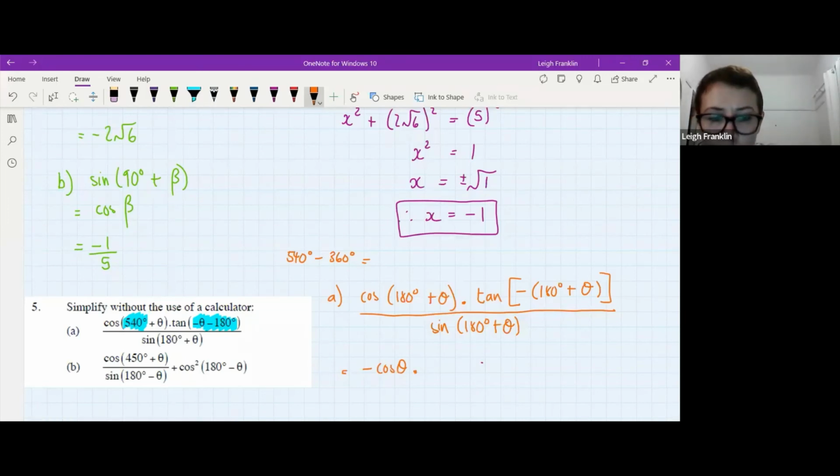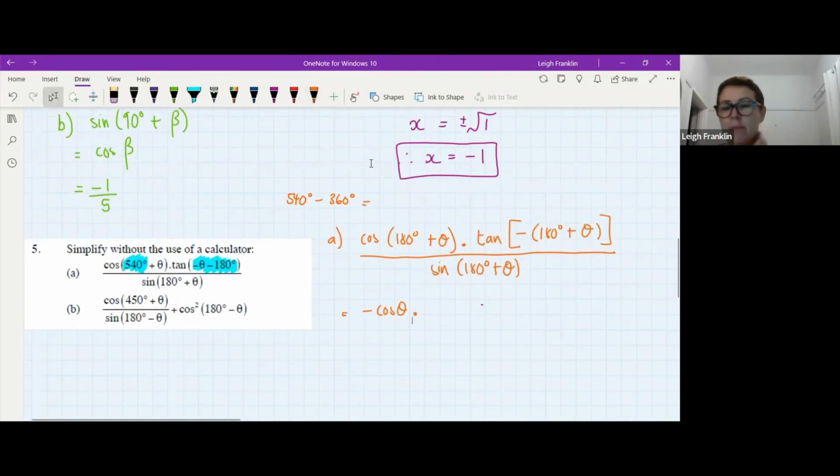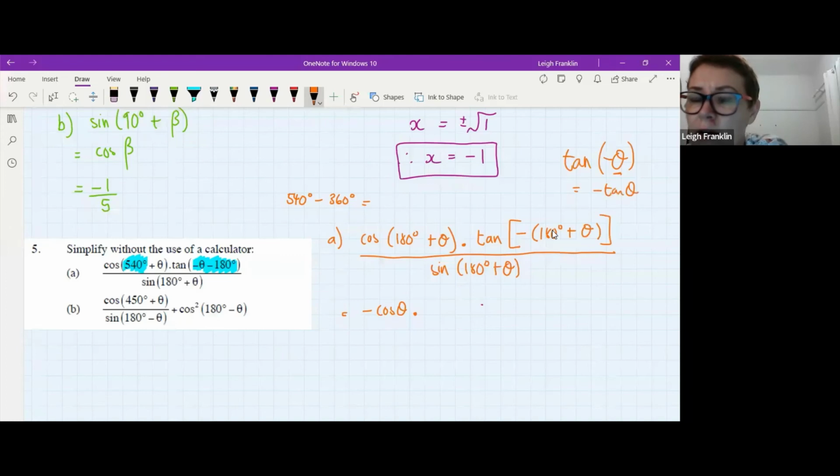Why am I factorizing? It's one of the ways in which I can work with tan minus theta minus 180. So I've taken the negative out as a highest common factor. And now I'm going to say the tan of 180 plus theta would give me positive tan theta. But remember, tan minus theta, so whatever this angle is, it's equal to negative tan theta, right?